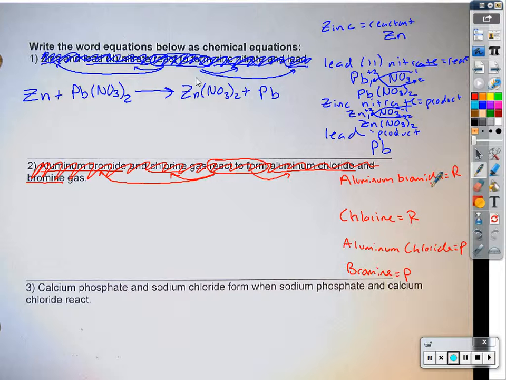Aluminum bromide, ionic. Again, how do I know it's ionic? Aluminum's a metal. It's got to be ionic. The other way I know is that there's no prefixes in this. No monos, no dis, none of that. Aluminum is my positive part. Bromide, IDE, means the element bromine, is my negative part.